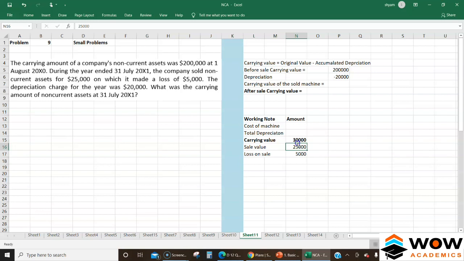So 30,000 worth of asset has been sold. So the total worth value would be like this. 1,50,000 would be the value. Let's see whether we have the value. No, but this should be the answer. 1,50,000. So we'll move on to the next question.